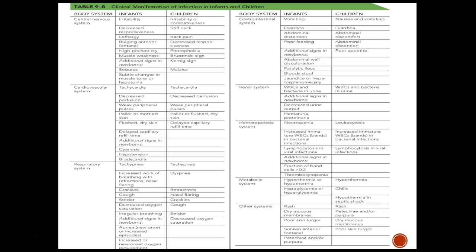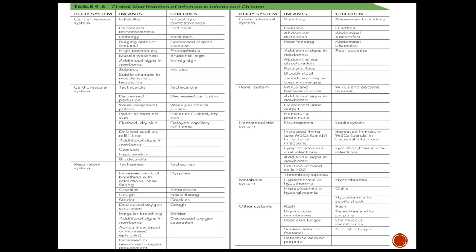Moving on to the respiratory system. For babies, we talked about this in individual module 6. We see signs of respiratory distress whenever our babies start exhibiting retractions, nasal flaring, and grunting. And then we know that infants typically have apnea, and that's normal as long as it's not longer than 15 seconds.